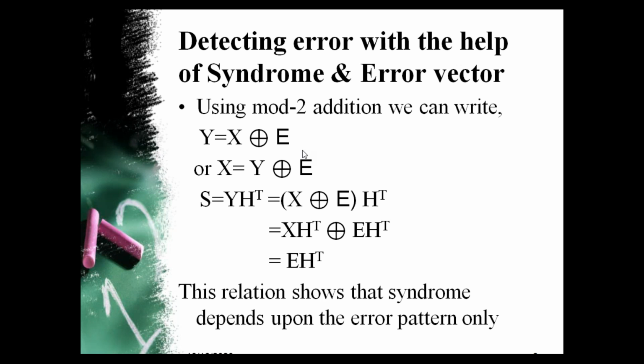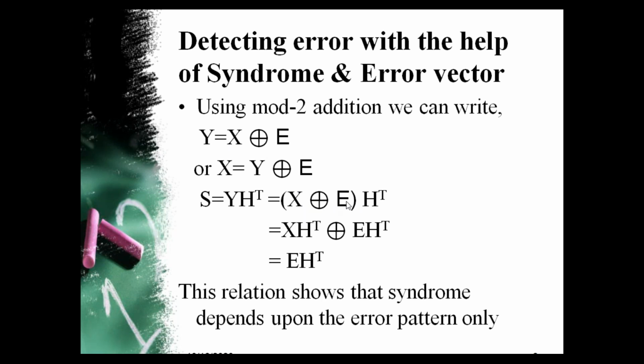Then here we have the equation S equal to y into H transpose. The syndrome vector can be obtained by multiplying the received code vector with the H transpose matrix. For S equal to y into H transpose, here we are substituting y equal to x plus e.